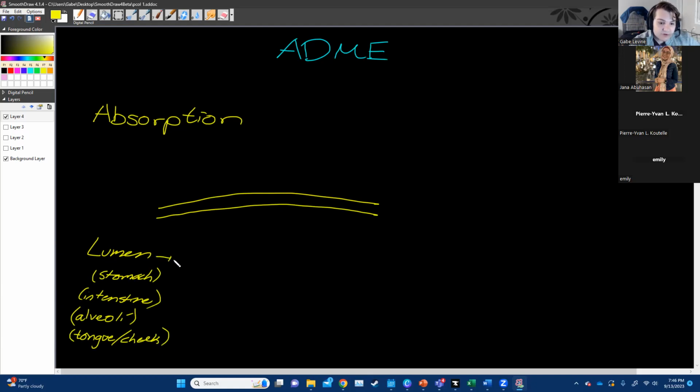But essentially what is going on here is we have something that is outside the body. We have some sort of epithelial membrane. And this is not a cell membrane. This is the epithelium, which is made up of individual cells.